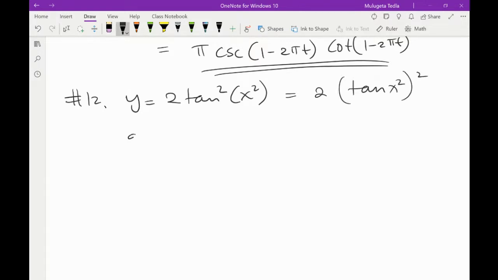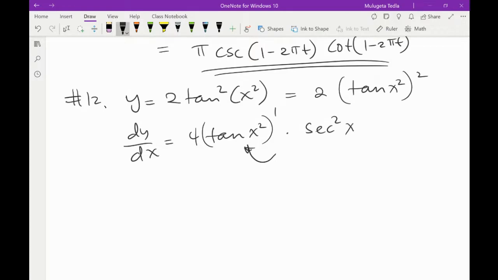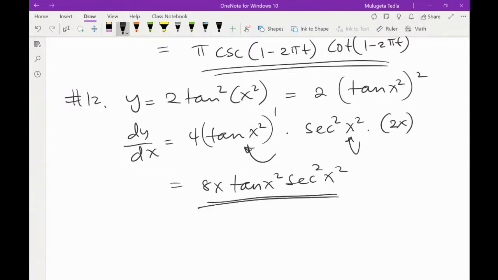That's exactly the same. So dy by dx is, bring the exponent, write the base, reduce the exponent by 1, times the derivative of the base. What is the derivative of tan? It's secant squared of the angle times the derivative of the angle, which is 2x. Chain rule after chain rule. 2x times 4 is 8x, tan x squared, secant squared x squared would be the answer.